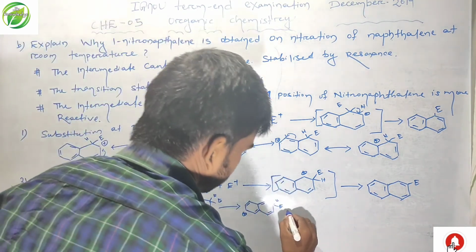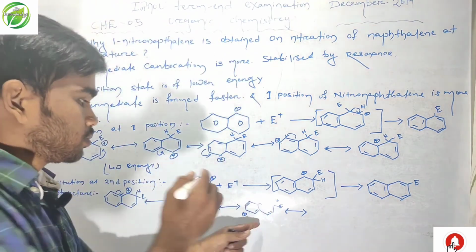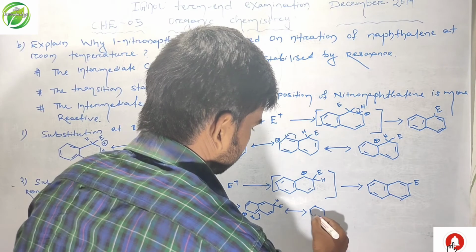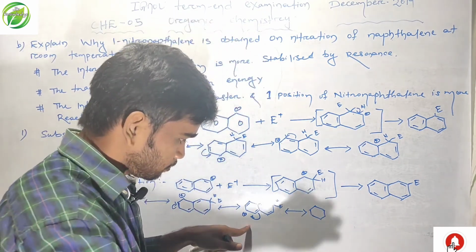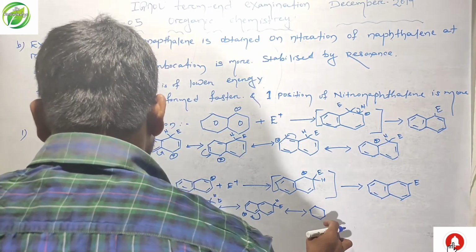The next one: this pi bond comes to this place, and positive charge is formed in this place.